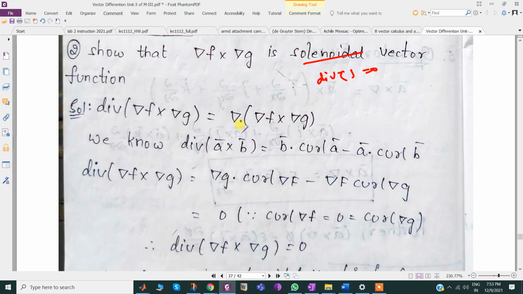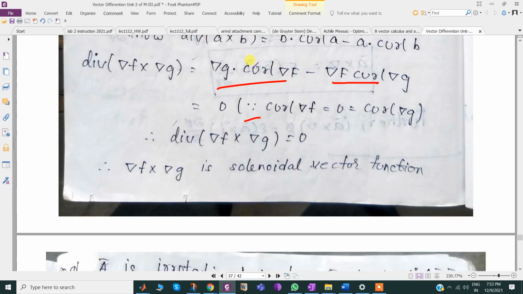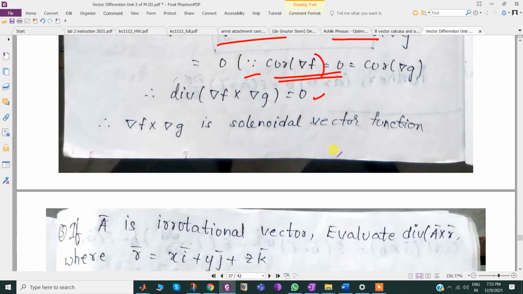Same logic again: div a bar cross b bar can be rewritten as b bar dot curl a bar minus a bar dot curl b bar. So based on that, since curl del phi is already 0, we have proven that curl del phi is equal to 0. Then div del f cross del g is equal to 0. Only practice.